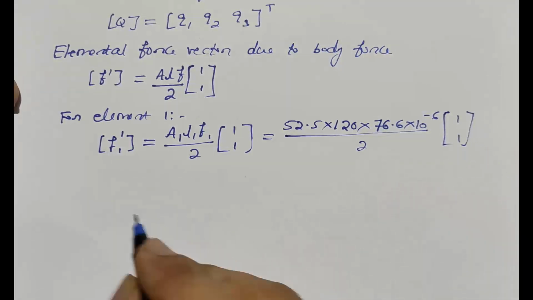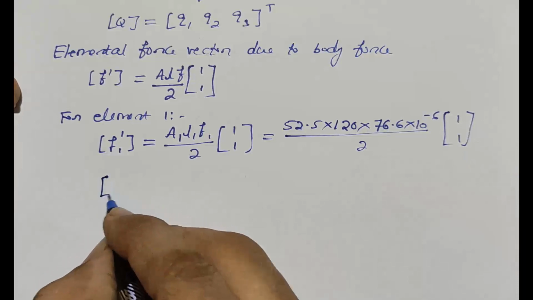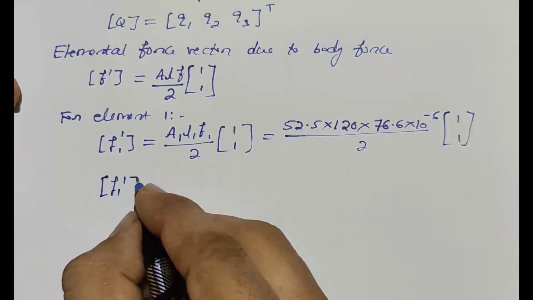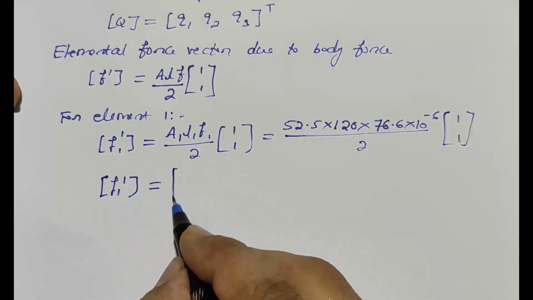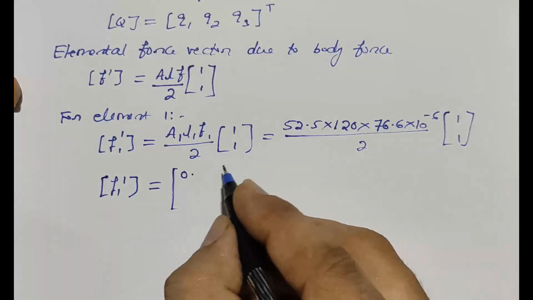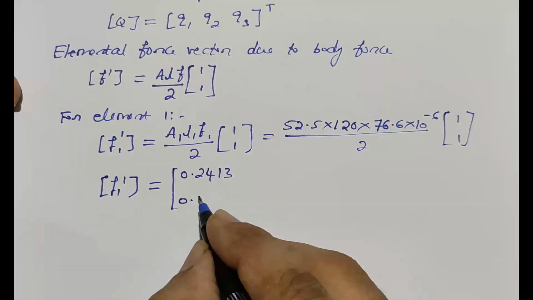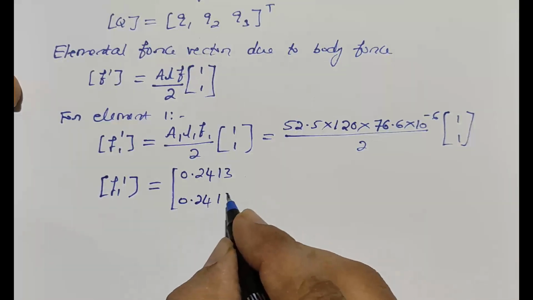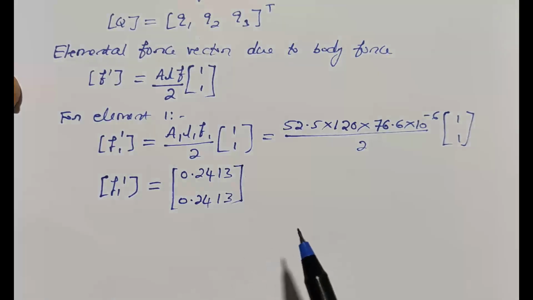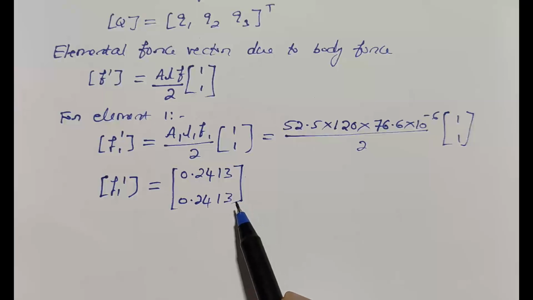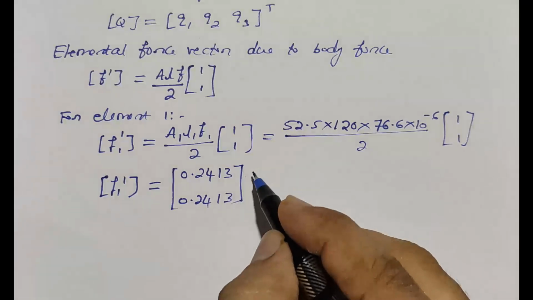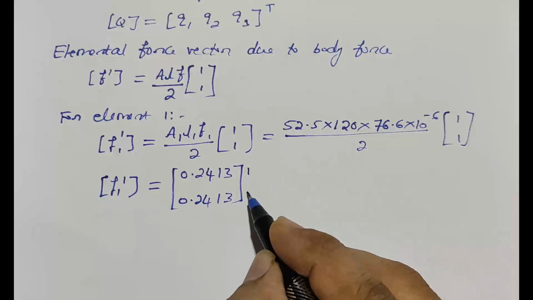If you simplify this, we will get F1 dash is equal to 0.2413. See, first element connects node number 1 to 2, that's why here you have to give the number 1 2.